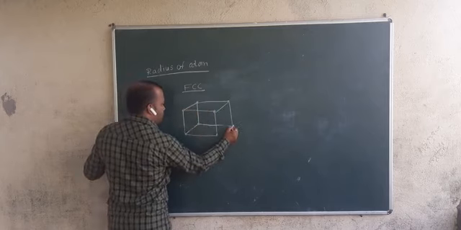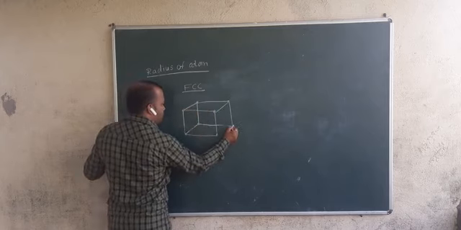If you don't know how to find the rank, you see the previous video. Rank is 4. What is the volume of sphere? 4 by 3 pi r cube. So how to find packing fraction?